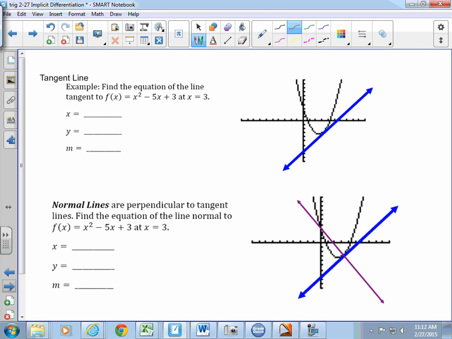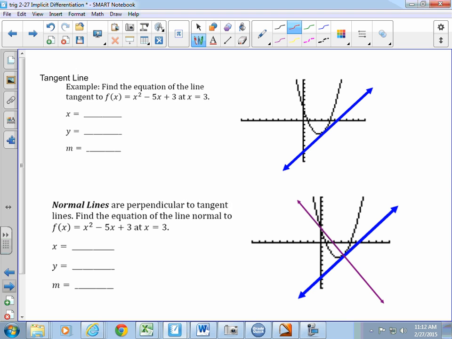Okay. One more slide on tangent lines, writing tangent lines. Again, we're going to spend a day going over this a little bit more. Quick overview of a tangent line. To find a tangent line, I need 3 things: x, y, and m.